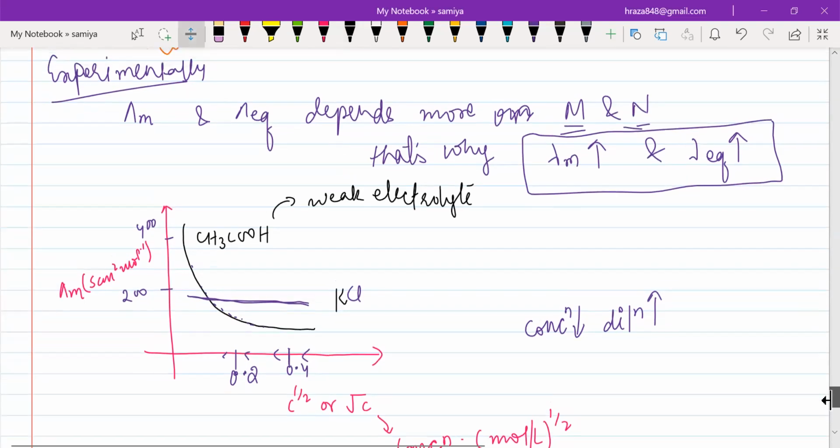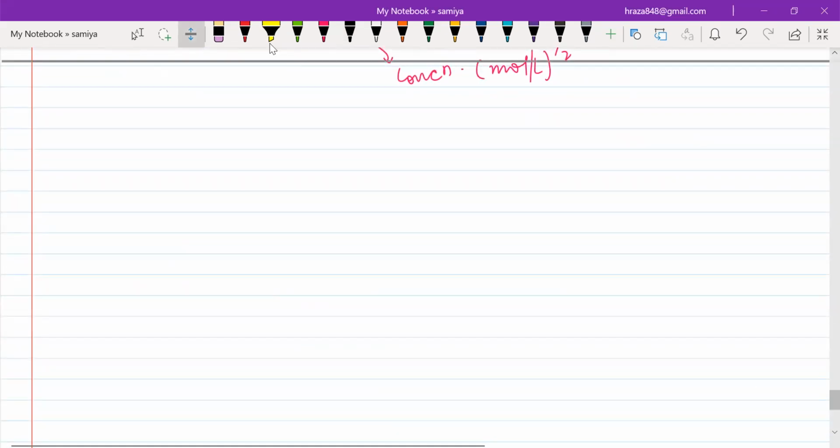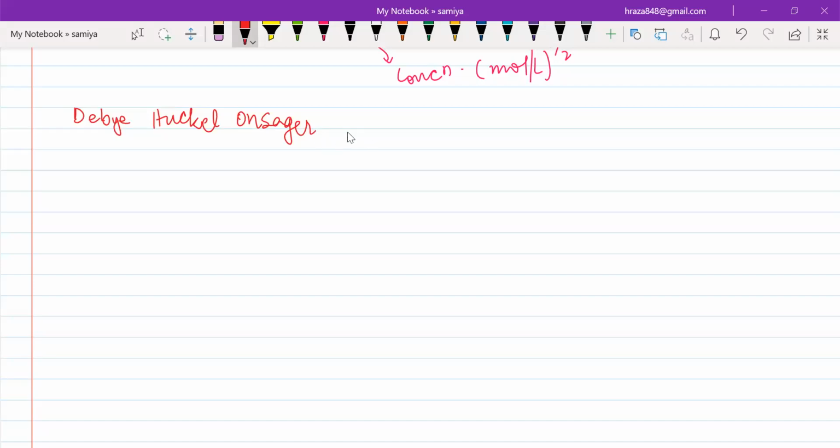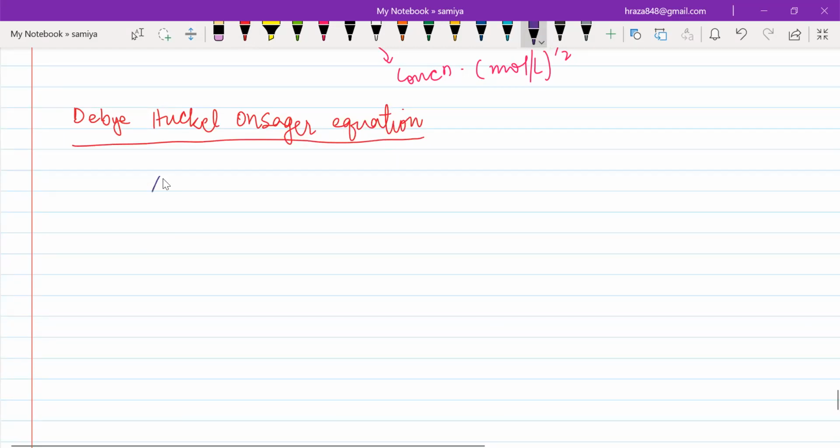Yes, sir. Okay. Now see, from this graph, we are going to have an equation, the Debye-Huckel-Onsager equation. The equation is like this, since it was a straight line, and this equation is only for a strong electrolyte.